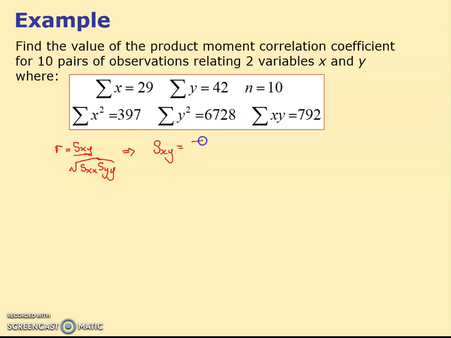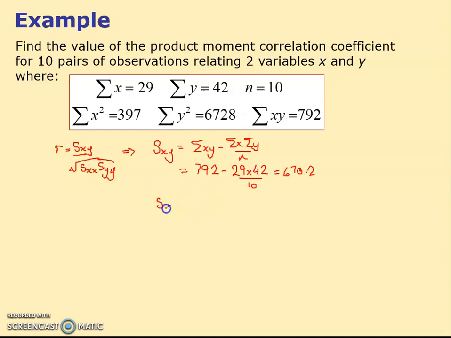And that is sigma XY minus sigma X, sigma Y over N. So in this case, it's sigma XY, 792, minus 29 times 42 over 10. I'm going to quickly type that in: 792 minus 29 times 42 divided by 10. And I get, as a decimal, 670.2.